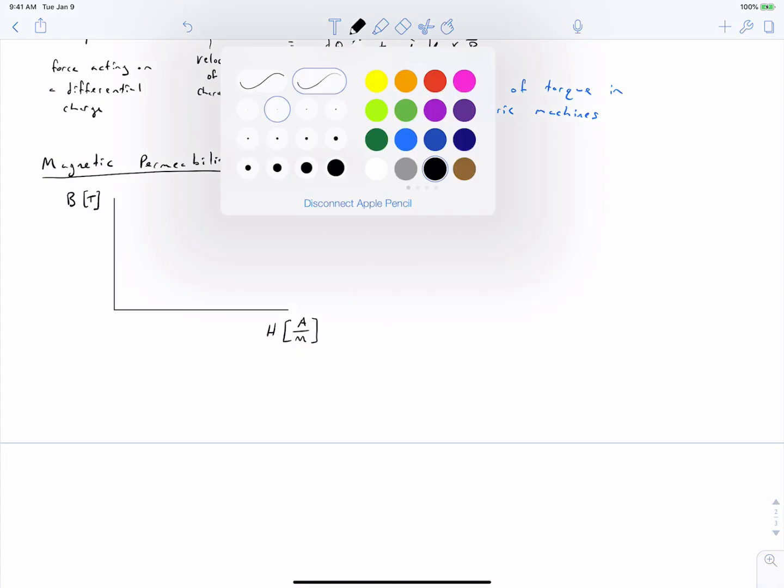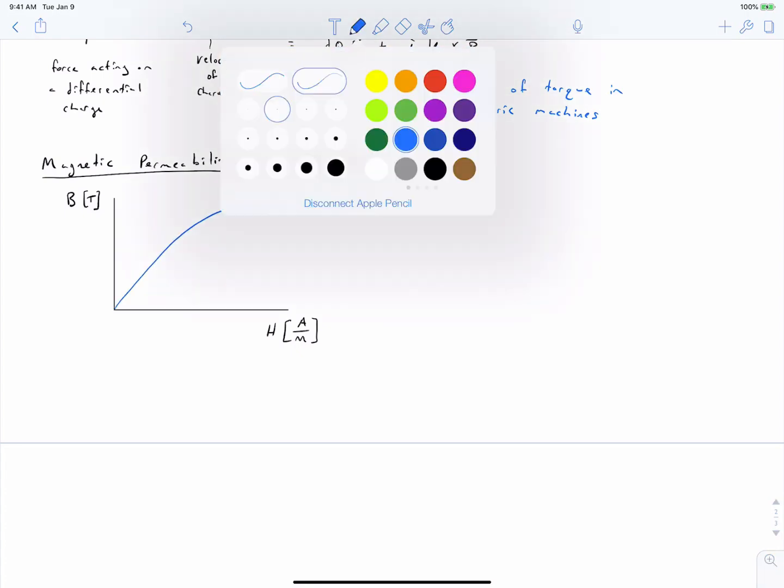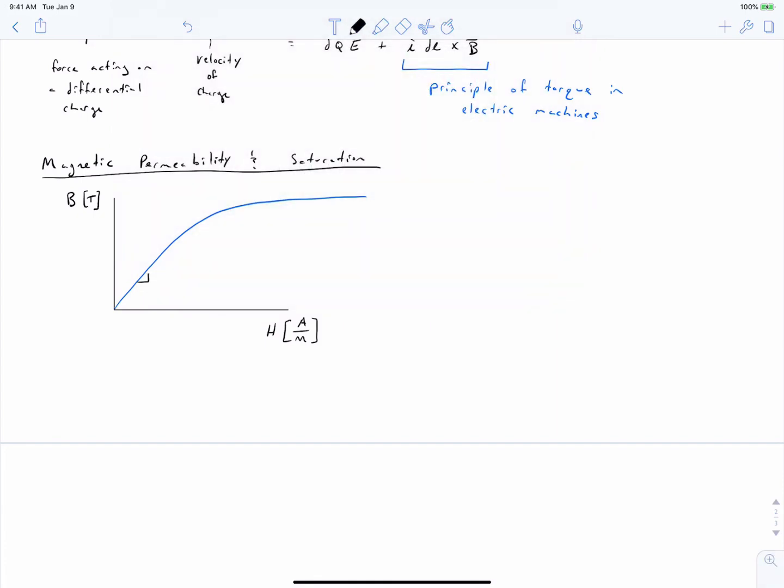And if you plot this, you'll see a characteristic that will look something like this, where this slope right here is our permeability mu. Because if you recall, we had defined H such that mu times H is equal to B. And remember that mu is equal to mu r times mu naught, where mu naught again is a constant, but mu r is a function of B or H.